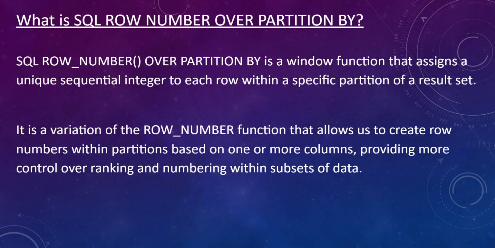So it is a variation of the ROW_NUMBER function. Basically, as discussed in the previous slide about ROW_NUMBER, it's just a variation that allows us to create row numbers within a partition based on one or more columns. Although for simplicity we discuss one column, it can be based on more than one column also, providing more control over ranking and numbering within subsets of data.